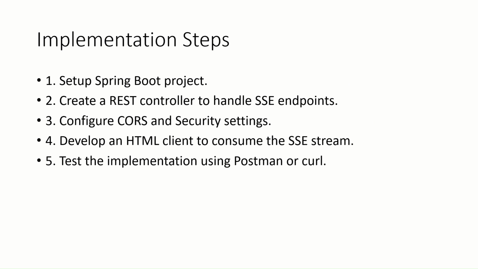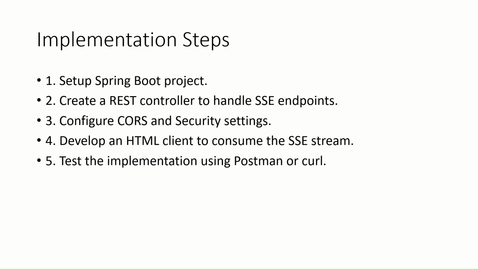These are the implementation steps that we are going to do. First of all, we are going to create a Spring Boot application. We are going to create a REST controller to handle the SSE endpoints. We also need to configure the CORS and security settings if needed, and develop an HTML client.